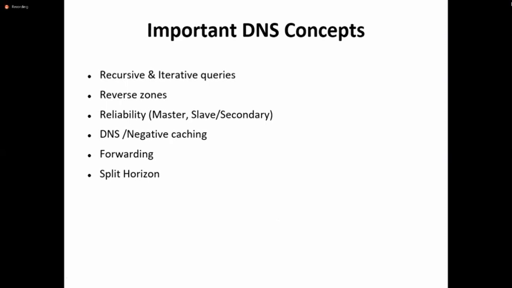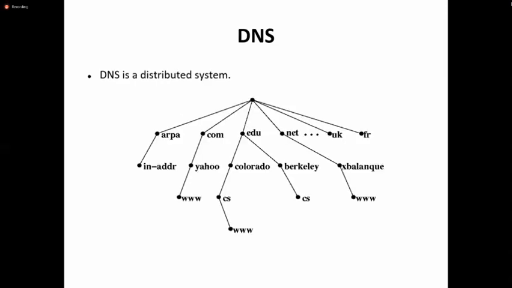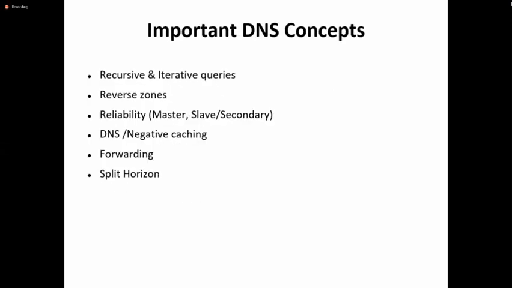Okay, so now we are going to talk a bit about DNS. So DNS is basically converting the name to an IP, right? For example, yahoo.com to the IP address. Okay, so you have recursive and iterative queries. DNS query means you send the name or URL, and then you request for the IP.